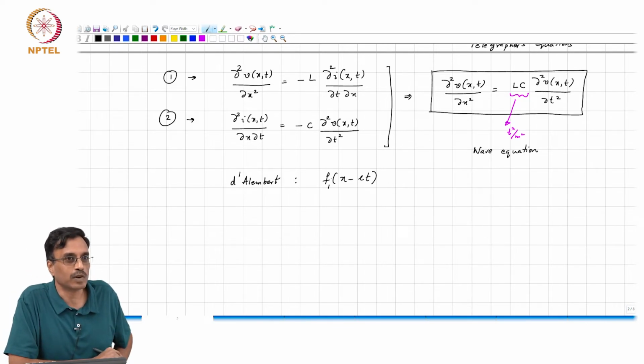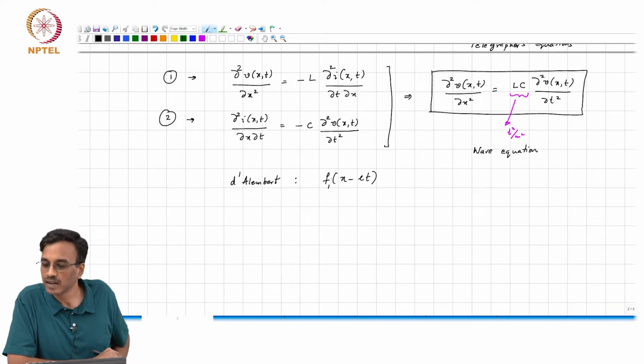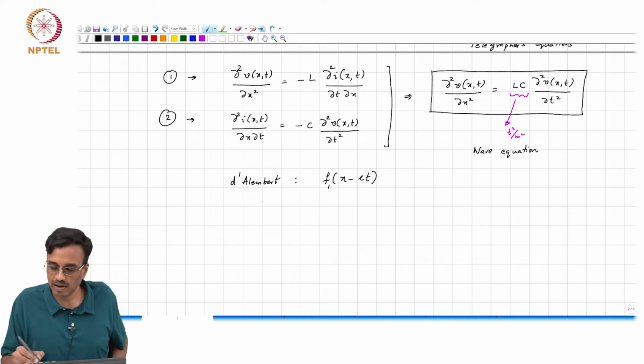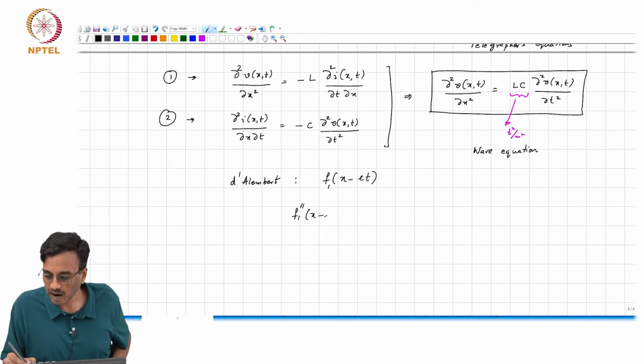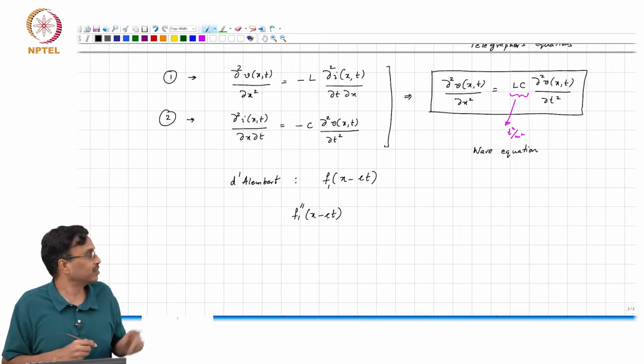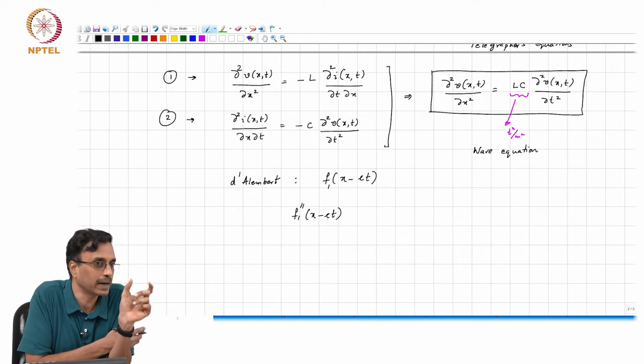We just substitute this in the equation and check if it works or not. What is the second derivative with respect to x? It is simply f1 double prime of x minus ct, where this prime refers to the derivative with respect to the argument, by just using the chain rule.